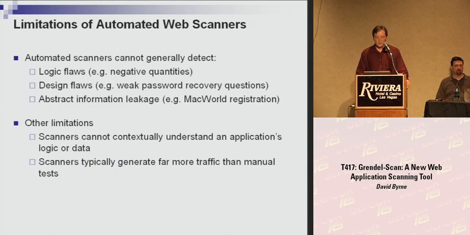So, when I mentioned some advantages, you'll note that one advantage I did not list in favor of automated scanners is accuracy. And there's a good reason for that. There's a pretty significant class of vulnerabilities that automated web scanners just cannot find. The first of which are logic flaws.